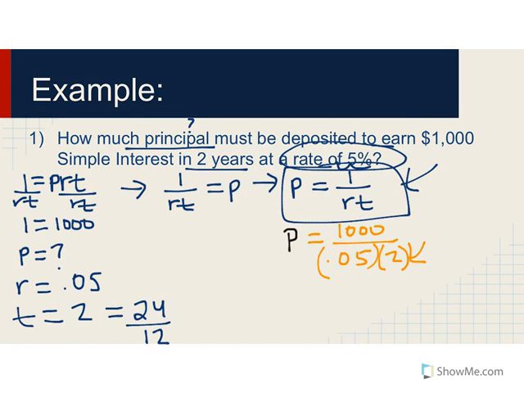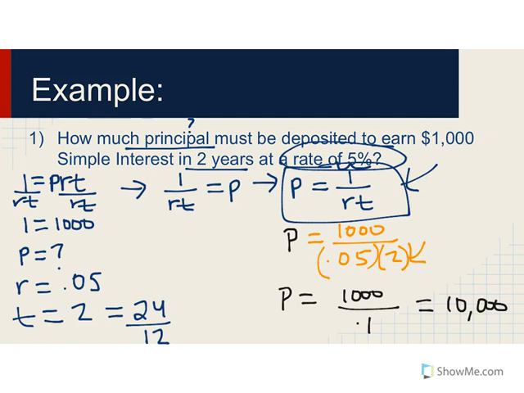I suggest multiplying down here first, and then once you do that, you can do your 1,000 divided by whatever you got in that denominator. So I got 1,000 divided by 0.1, and then 1,000 divided by that 0.1 leaves me with 10,000.